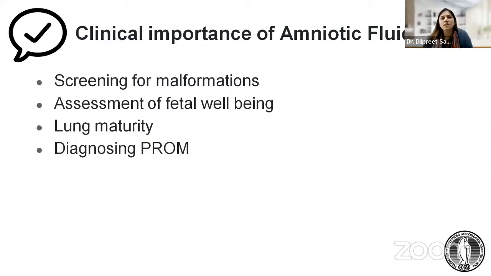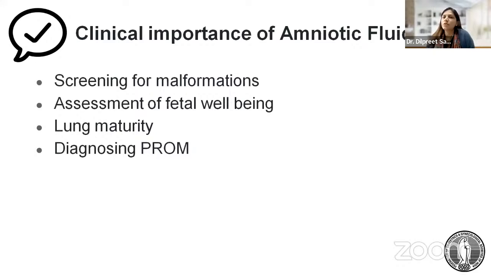And third, nowadays, in the era of genetic screening, after the biochemical markers, if required, amniocentesis is done, and we do karyotyping, culture, all those things. Lung maturity can also be assessed, with optical density, all those things from the liquor.